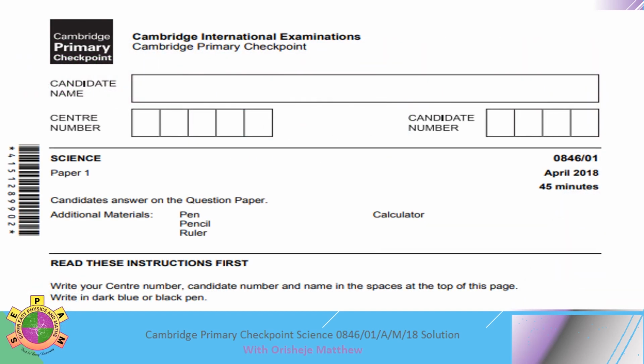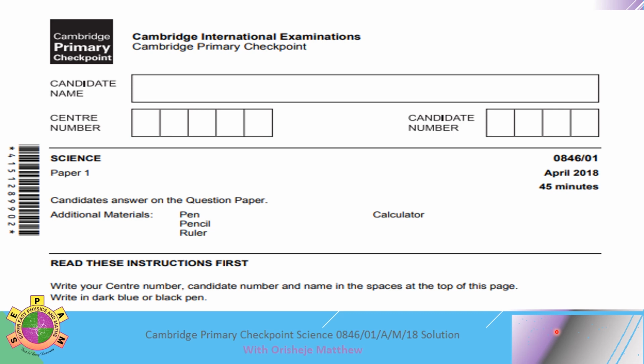This paper has a duration of 45 minutes, and the materials that you need to write this paper are a pen, pencil, ruler, and a calculator. This paper has a maximum mark of 50. If you were to write this exam, what do you think you will score?